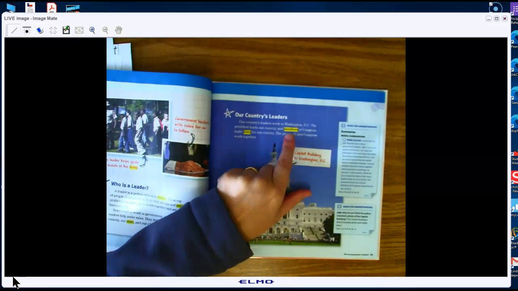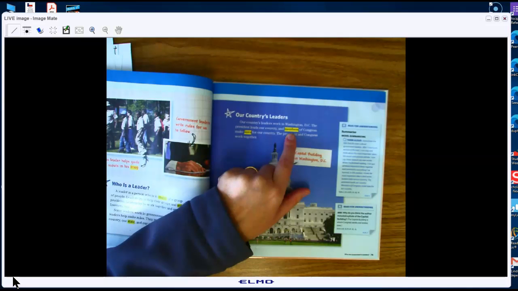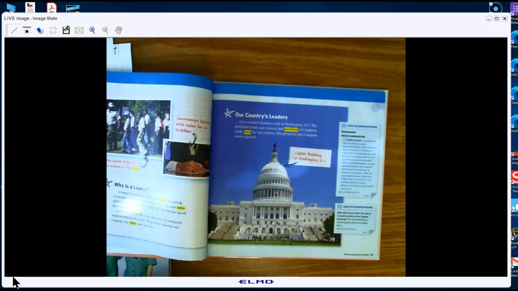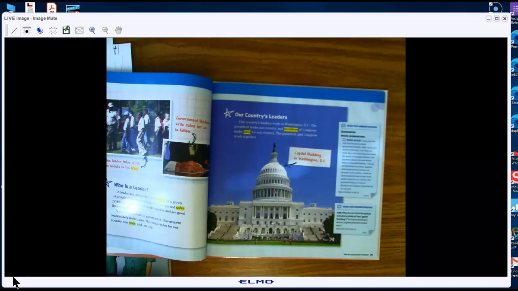So, members. What do you think members are? It says members of Congress make laws. What do you think a member is? Chase? What's a member? You're right, it's a person. That what? Emsley? That makes the laws, but not all members. You're members of my classroom. Do you make laws?